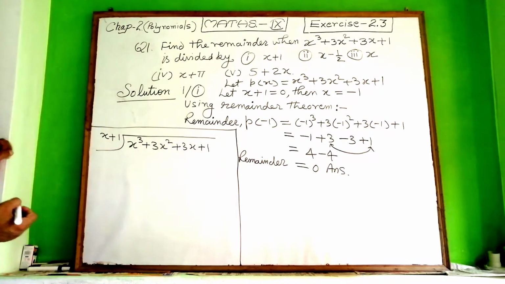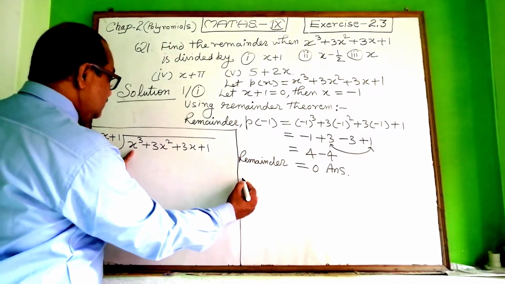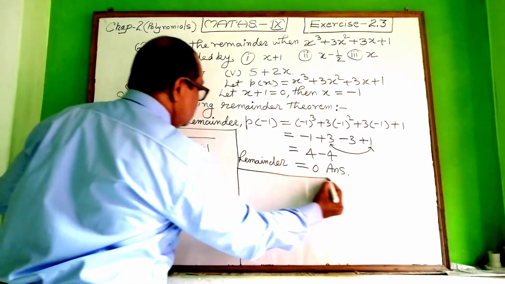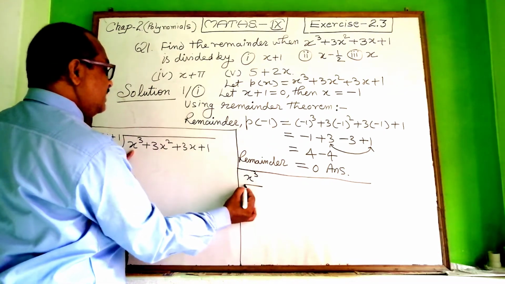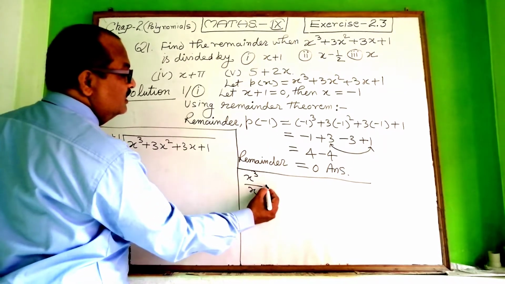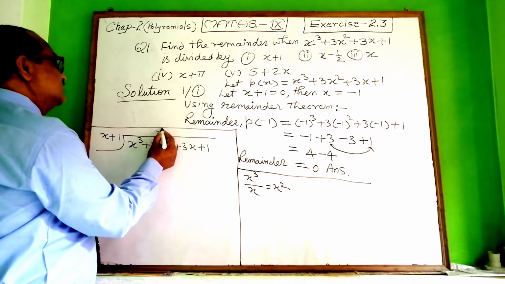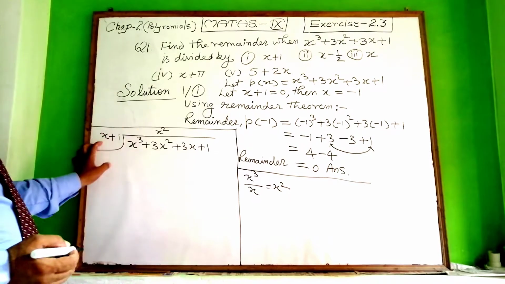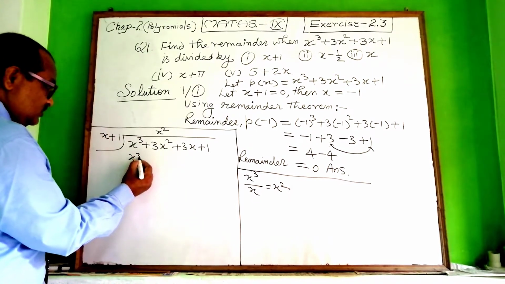Dividend is given, divisor is given. So how will we find the first term? You can see we can find the first term like this: x cube divided by the first term of the divisor, that is x, gives x square. So we will write here x square and multiplying both the terms, x square by x, so x cube.